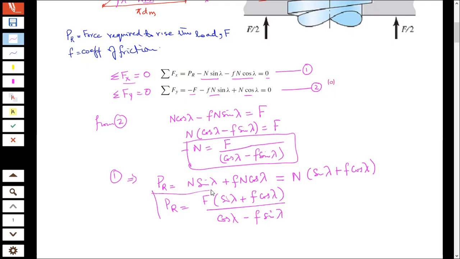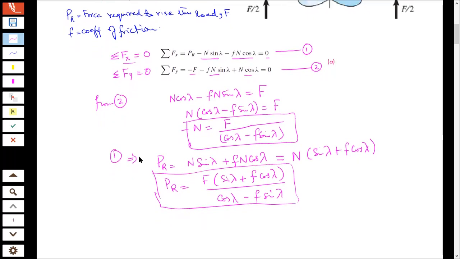Now, what is this PR? PR is the amount of force required to raise the load up.